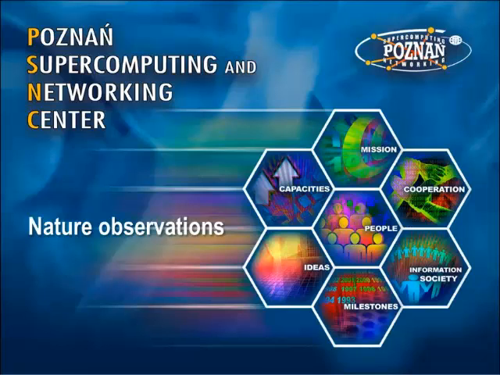What would be the good process to get this? If we want to observe the bottom of the sea, what do we do in order to get the results of the observation at our seat in PSNC?